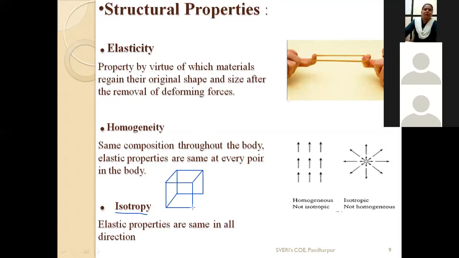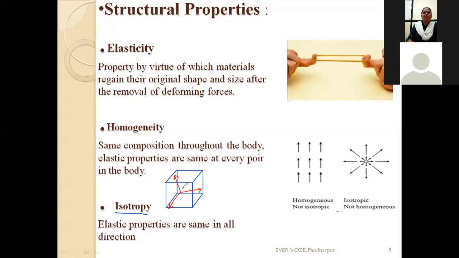Please draw this figure also. Okay, I have taken this cube. Now I am going to check elastic properties at x direction, at y direction, at z direction.